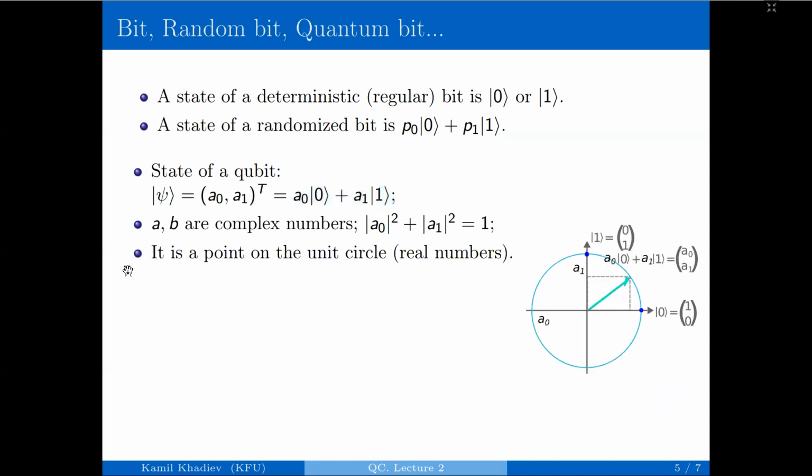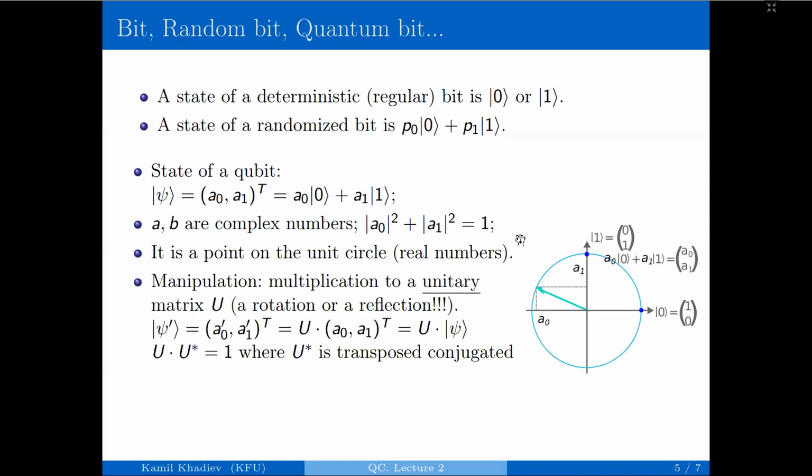If they are real numbers, then we can say that the state of a qubit is just some point on the unit circle, because the sum of squares is 1.